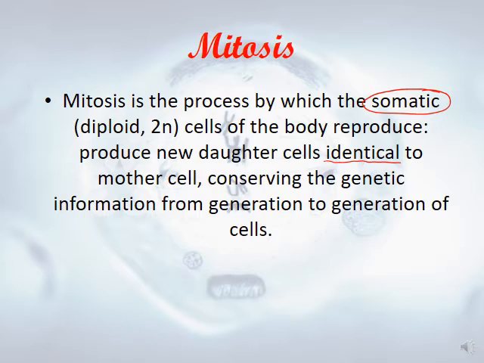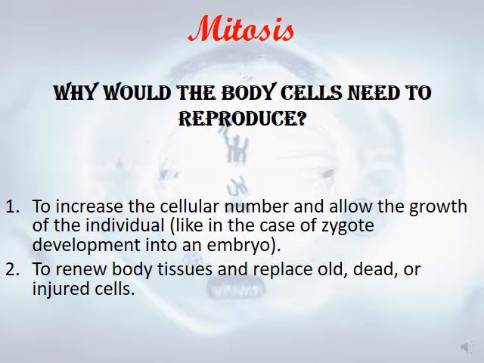So mitosis is the process by which somatic cells undergo division to produce new daughter cells, identical to the mother cell and having the same genetic information.